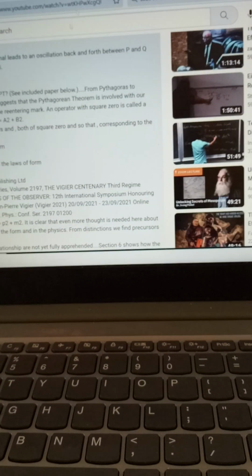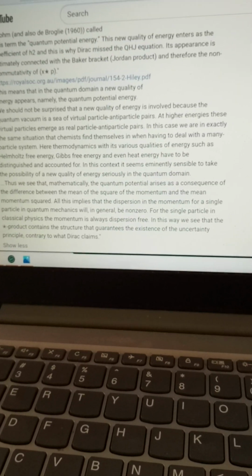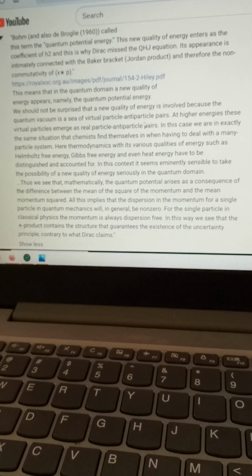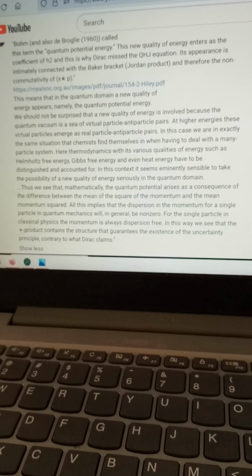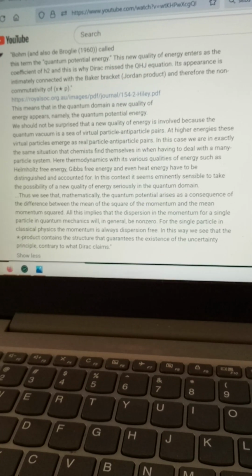And so, as I quoted Professor Hiley, at higher energies, these virtual particles emerge as real particle-antiparticle pairs. So we're seeing the conversion of the virtual photons back into actual real particles, real photons.